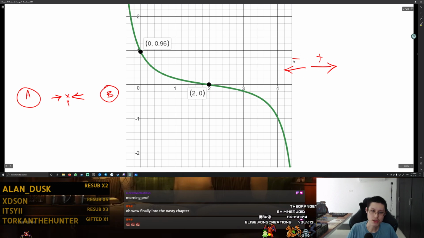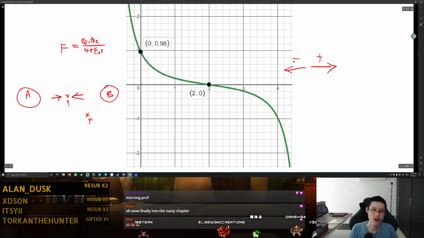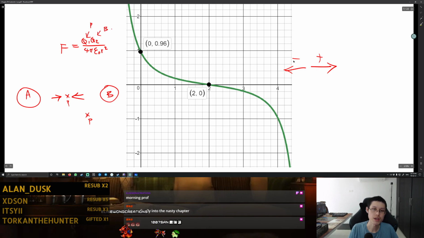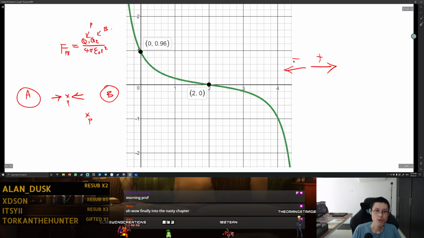So if I put a positive charge over here, because it is much closer to B, and remember that the electric force is equal to Q1 Q2 over 4 pi epsilon not r squared. So Q1 would refer to the charge of P, Q2 would refer to the charge of B, right? So this is the force between P and B. So you can see that the force is inversely proportional to r squared.